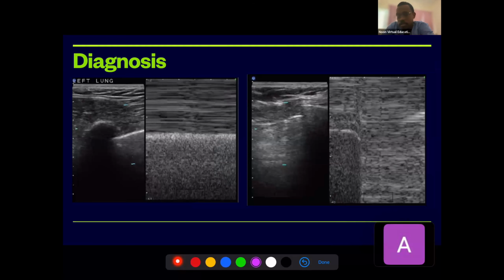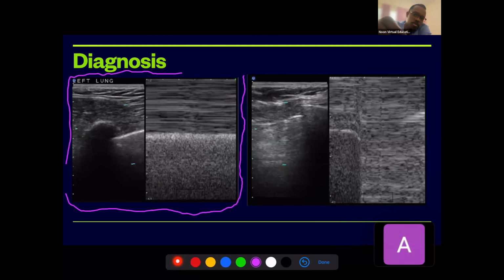Very important: ultrasound in pneumothorax. Anyone can interpret this image? What do you see in this image? Is it normal or abnormal? Specifically here.